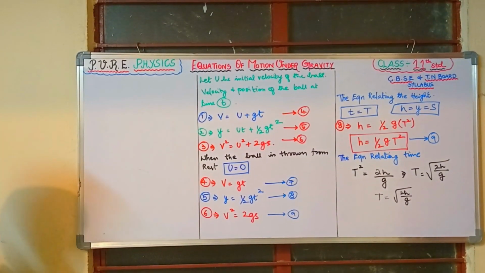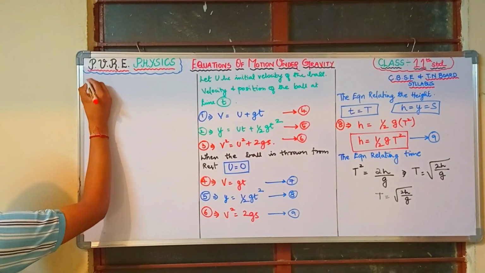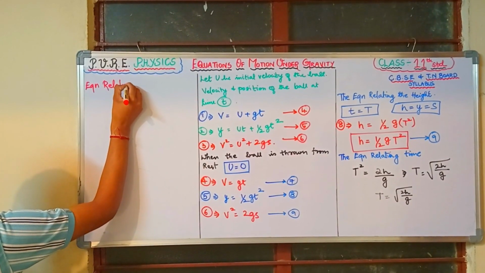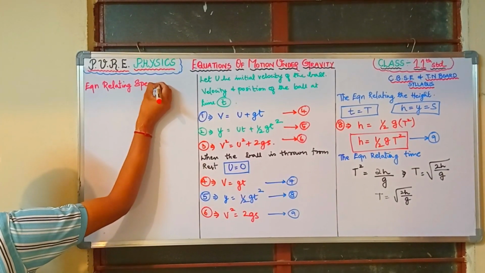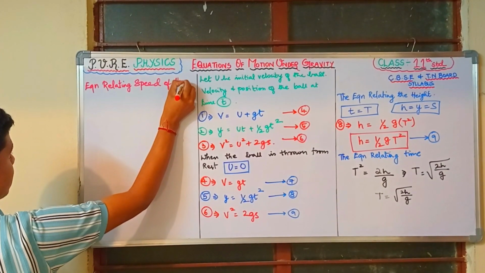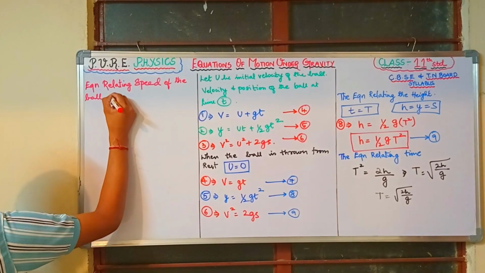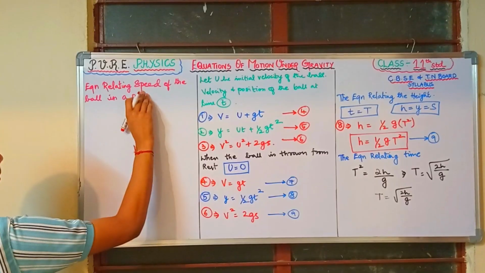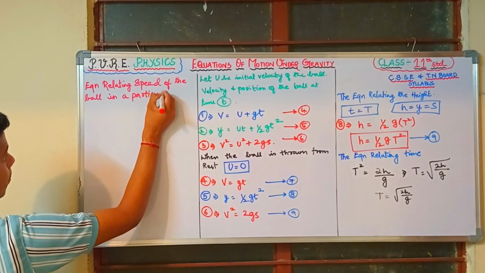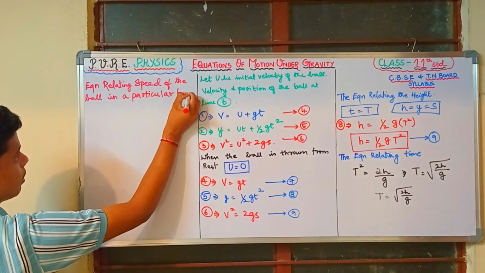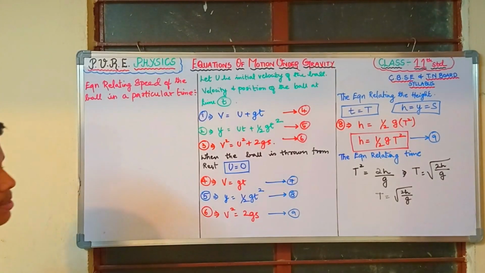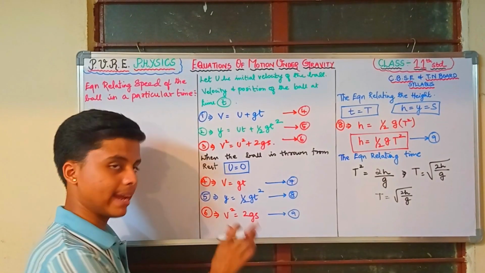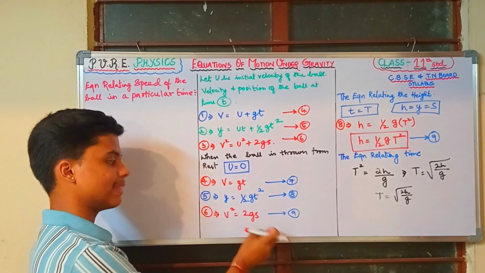So in order to get the equation relating the speed of the ball in a particular time, you're going to use the equation v square is equal to 2gs, because it does not involve the time but it involves the speed and the distance.